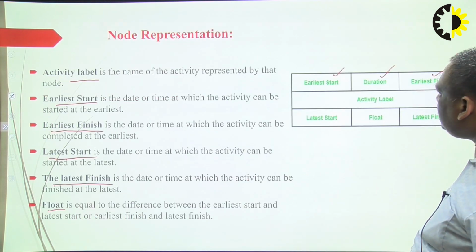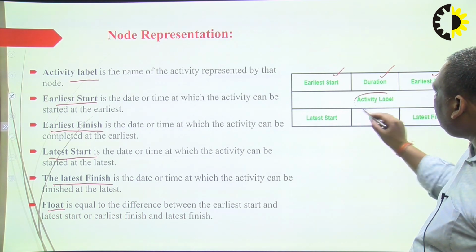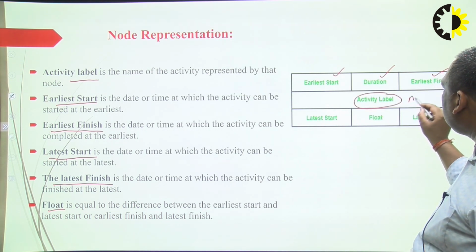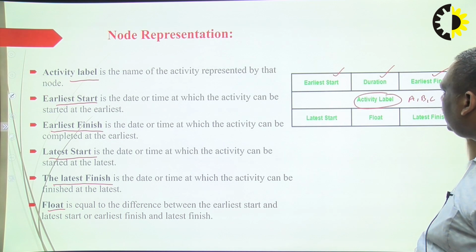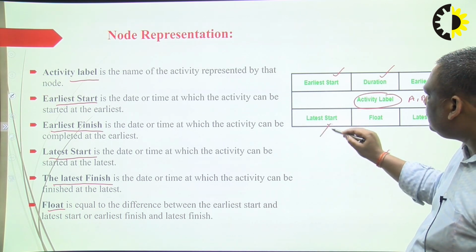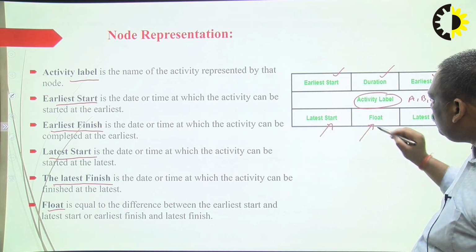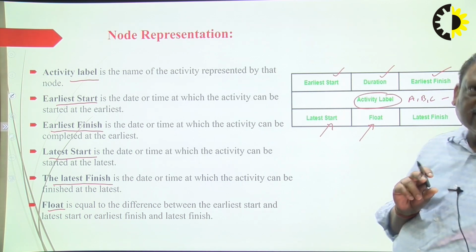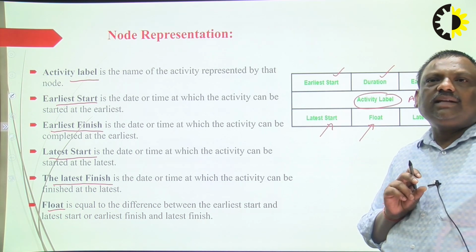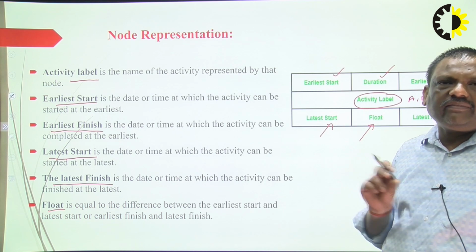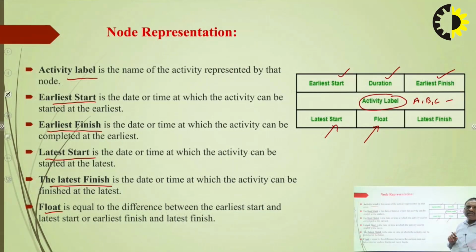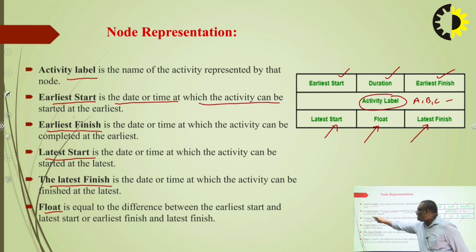Then earliest finish, for each activity, that is A, B, C or D. Latest start. This one is the float value, that is, the slight difference between the completion of the project and the estimation, and the latest finish. The earliest start is the time at which the activity can be started at the earliest.